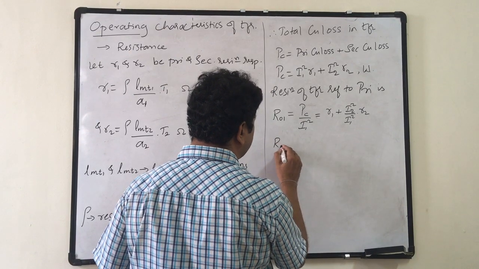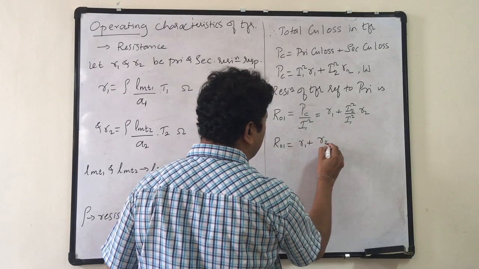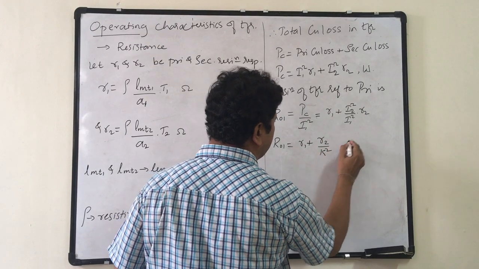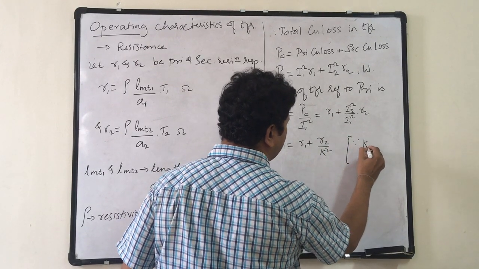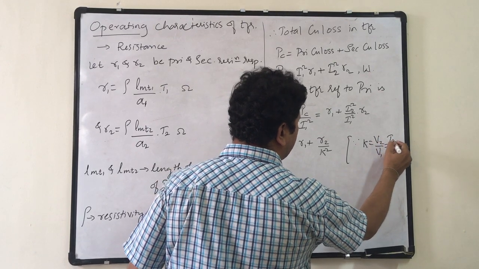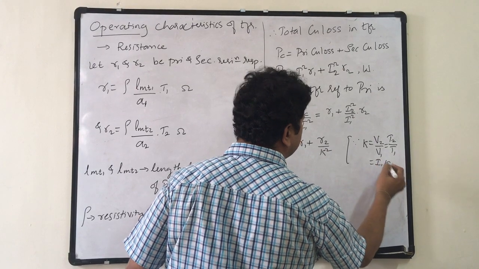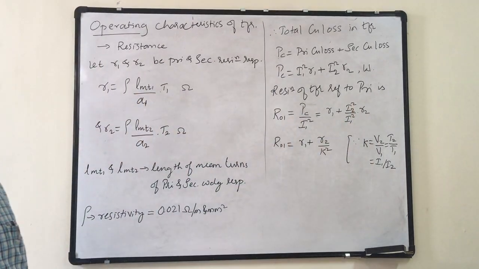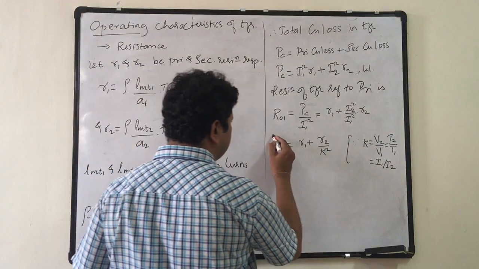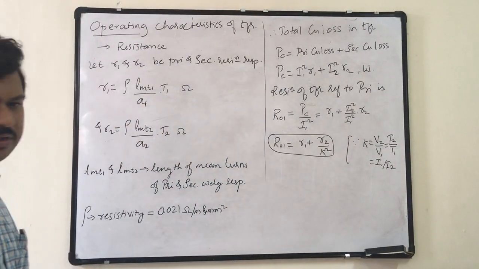So R01 is equal to R1 plus R2 divided by K square, because K is equal to V2 by V1 equals T2 by T1 and equals I1 by I2. So I2 by I1 will be 1 by K. So this is the resistance of transformer referred to primary.